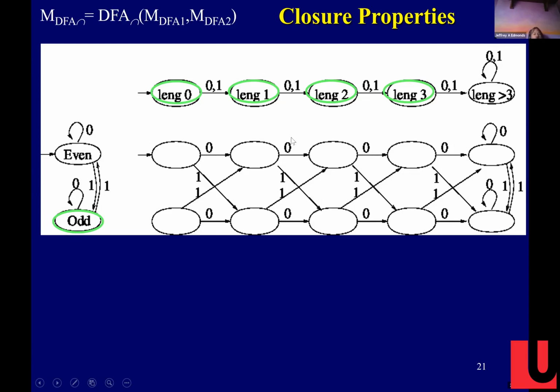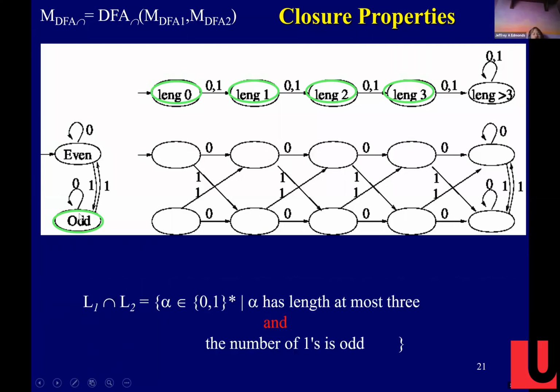So where do we accept here? Well, if we're doing intersection, then we accept when this is true and when this is true. Those are our accept states: all states for which this and this are true. Does that make sense?